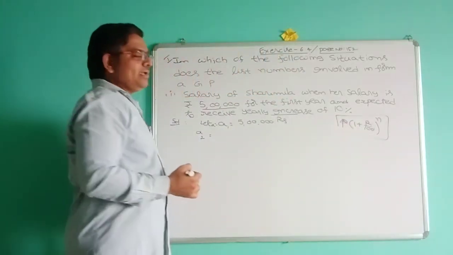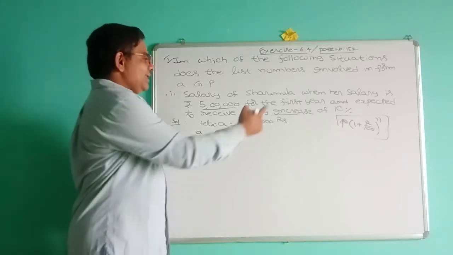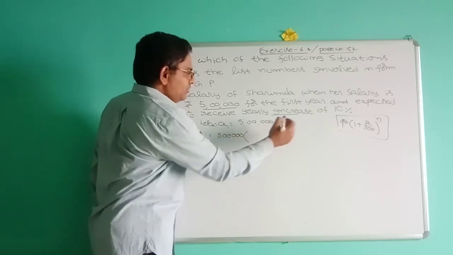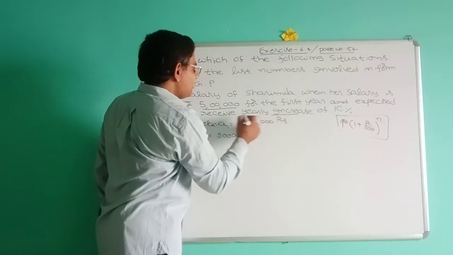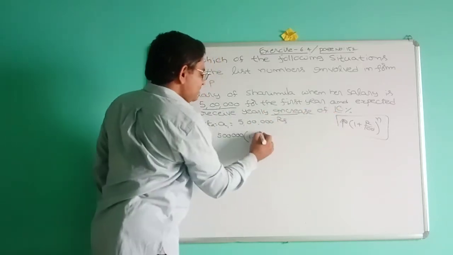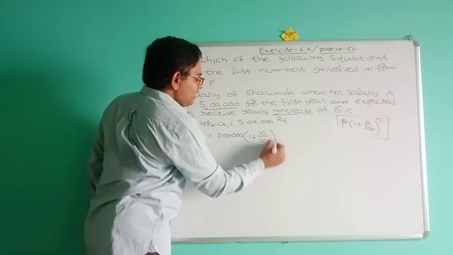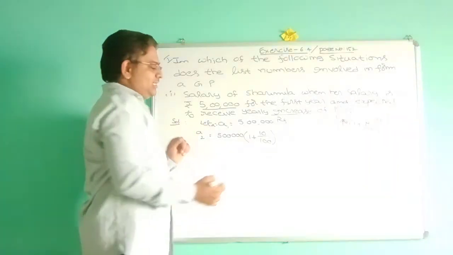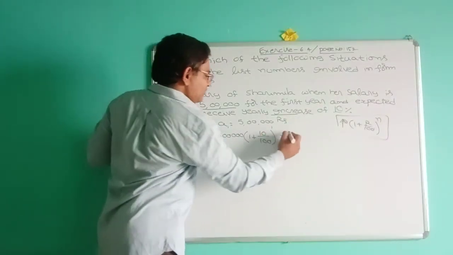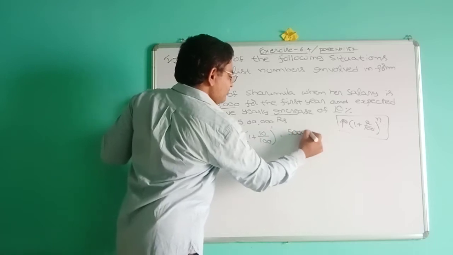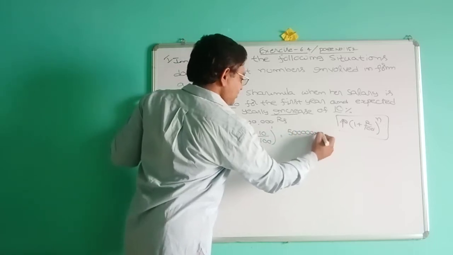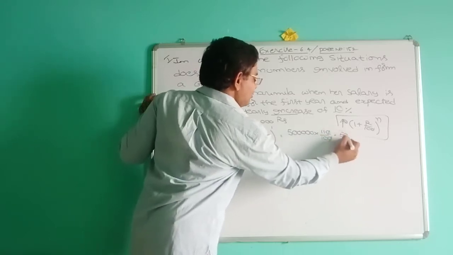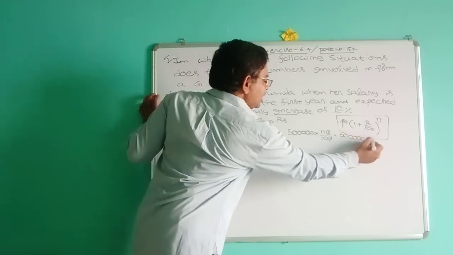Here P is 5 lakhs, into 1 plus R, where R is 10%, that is 10 by 100, power n. Here how many years are you taking? Next year, that means 1. That equals 5 lakhs into 1 plus 10 by 100, which is 5 lakhs into 11 by 10.